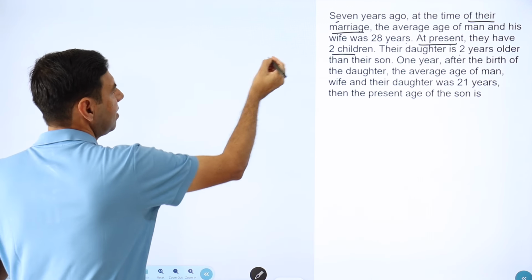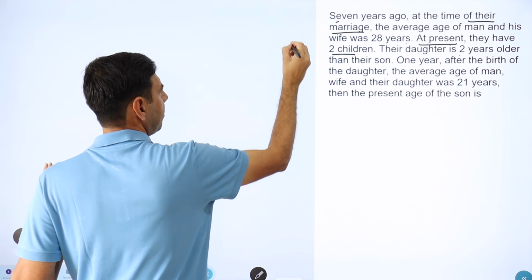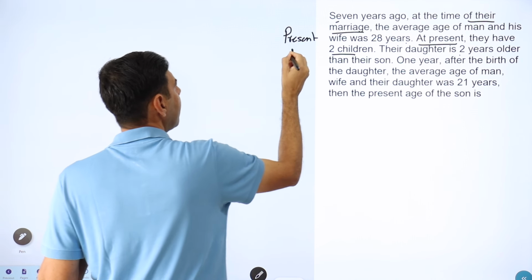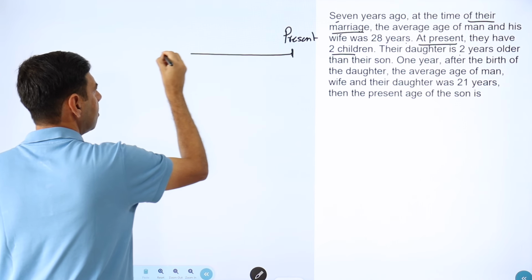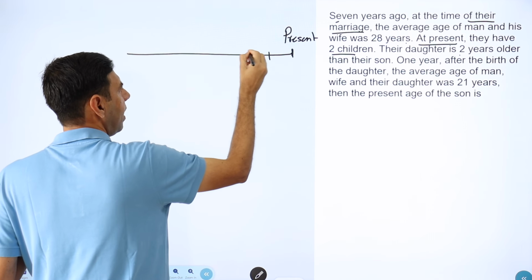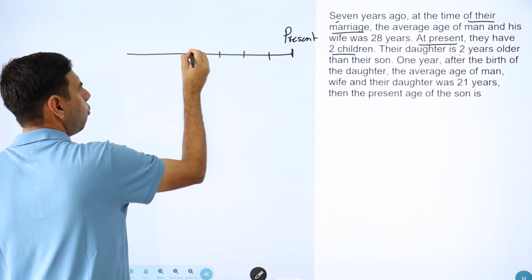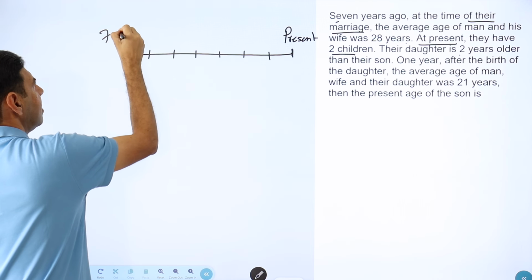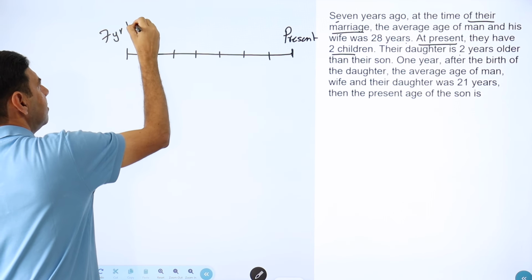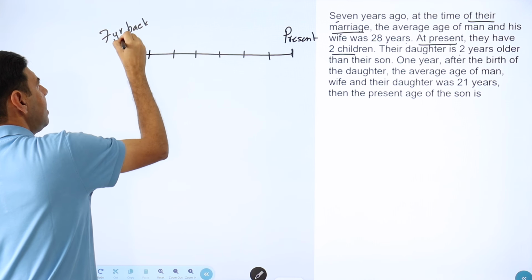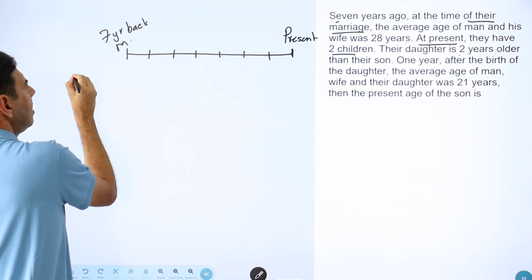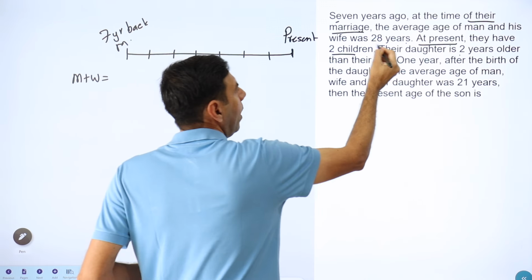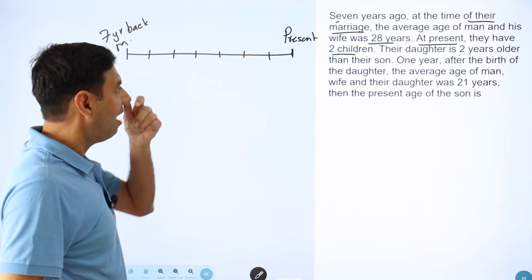So the time frame that we are talking about is from the present, and we are going back 7 years. Now this is too kiddish, but it's okay. 1, 2, 3, 4, 5, 6, 7 years back. And this is where the marriage took place. Right? Now it's given that the man and the wife at this time were 28 years, the average.